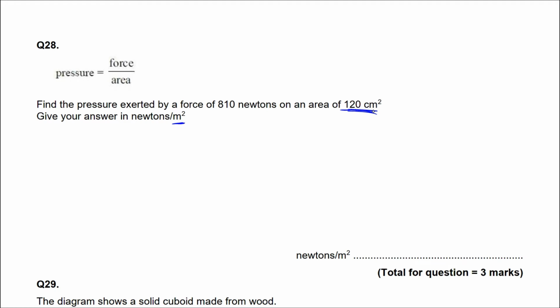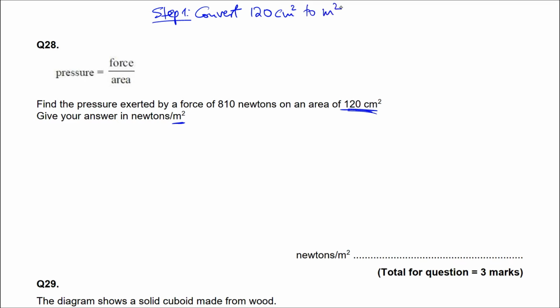So the first step is to convert 120 centimeters squared to meters squared. So step one, convert 120 centimeters squared to meters squared.